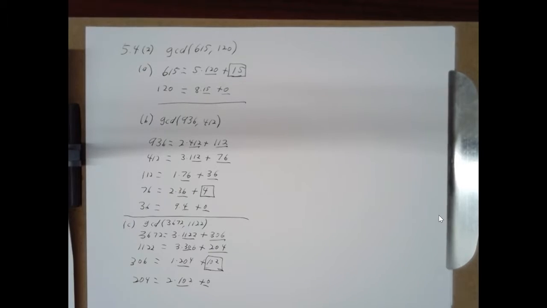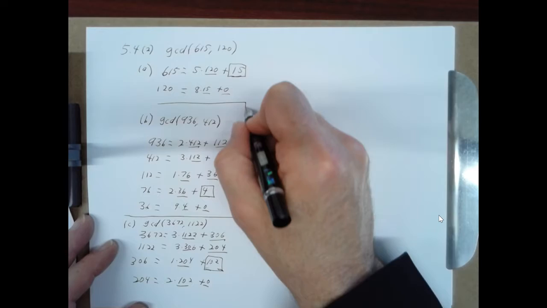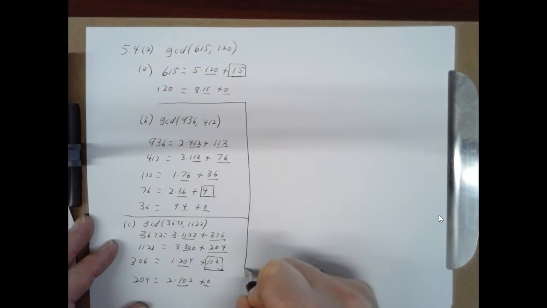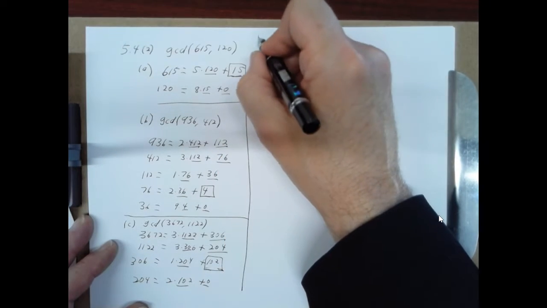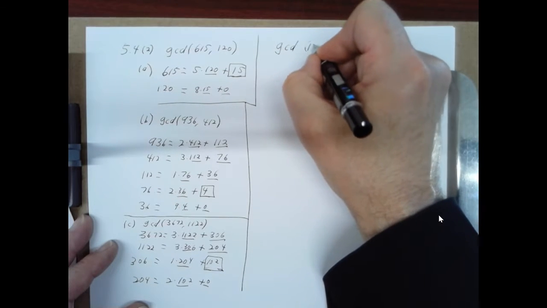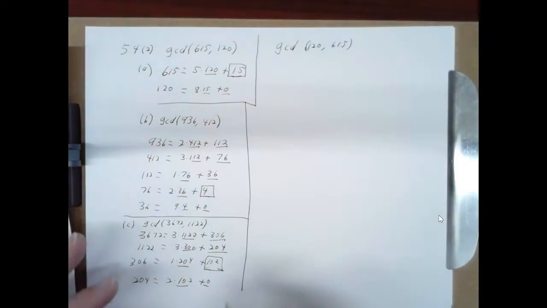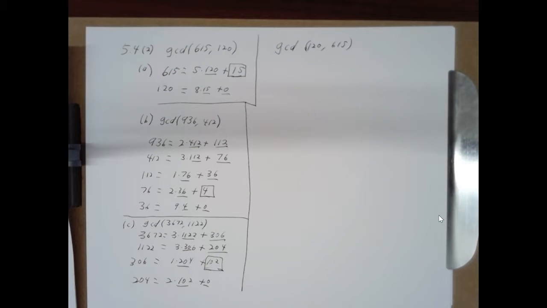And if you do this in different ways, but you follow the procedure, you'll still get the same answer. For example, suppose we said, let's find the GCD of 120, 615. And we didn't know that we could switch the order of those.